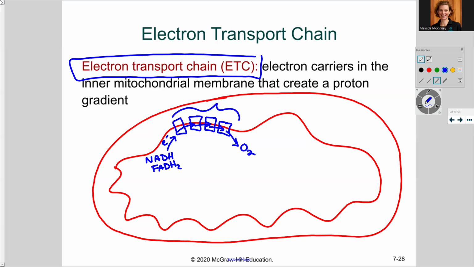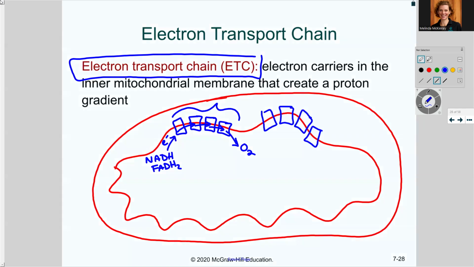So we've taken all these electrons, we have them, now we're putting them on these electron transporters. Why? So the purpose is, I'm going to draw it again over here just because it gets kind of messy. Here are my proteins, okay?